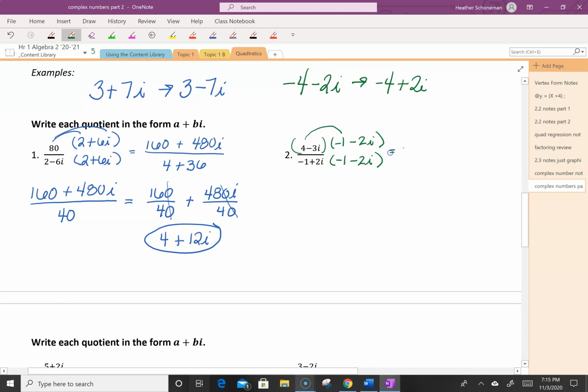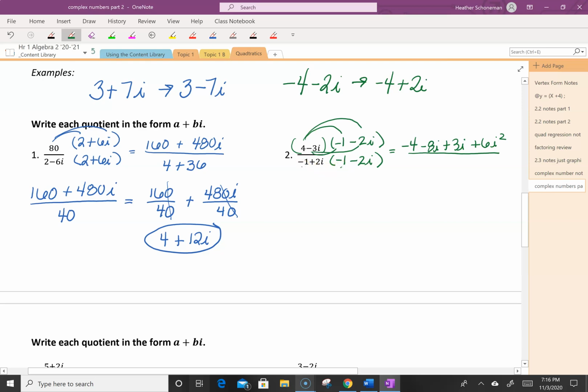So 4 times negative 1 is negative 4. 4 times 2i is 8i. Negative 3i times negative 1 is positive 3i. And negative 3i times negative 2 is positive 6i squared. On the bottom, I can now use my shortcut because they're the conjugates.